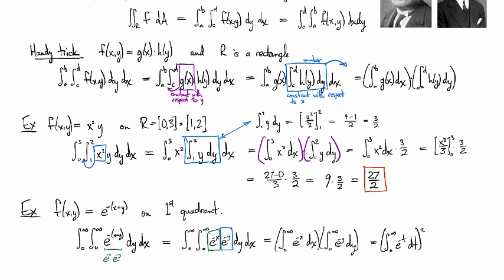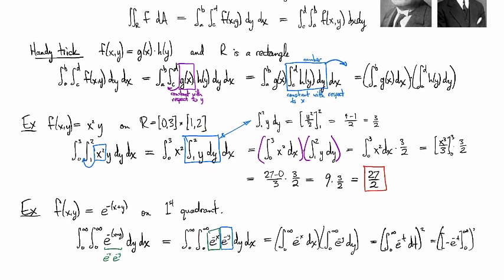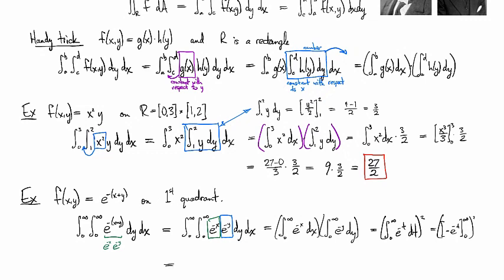And then I just have to work out what that integral is. So that becomes minus e to the minus t from 0 to infinity. And so we have 0 minus negative 1, and that's going to be 1. 1 squared is 1.